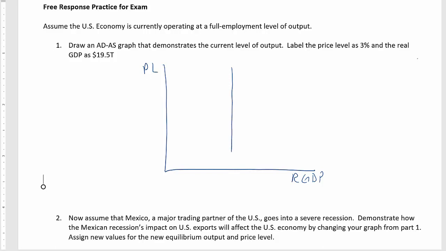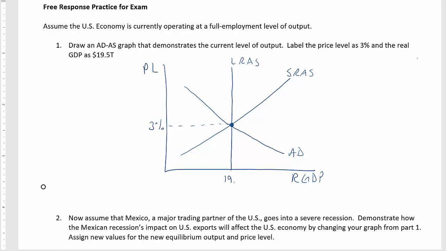We always have our long-run aggregate supply curve somewhere in the middle, and because we're at full employment output, our other two curves intersect along with it. So I've got aggregate demand downsloping, short-run aggregate supply upsloping. All three curves intersect at the same location, and I'm going to show a 3% increase in the price level and 19.5 trillion as our GDP.